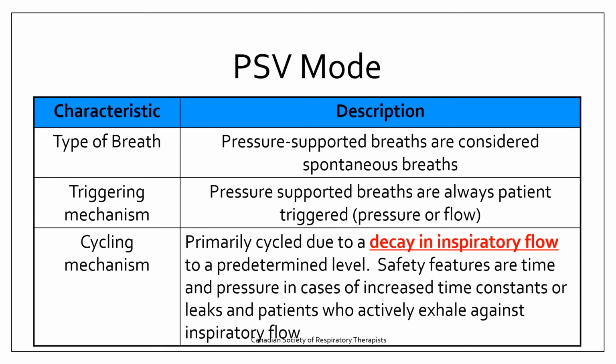Pressure support is primarily used in weaning patients. When we're talking about doing a spontaneous breathing trial, something that we like to do on patients every day and something that we would do on patients prior to extubating them, we're going to use pressure support ventilation as the mode for a spontaneous breathing trial.